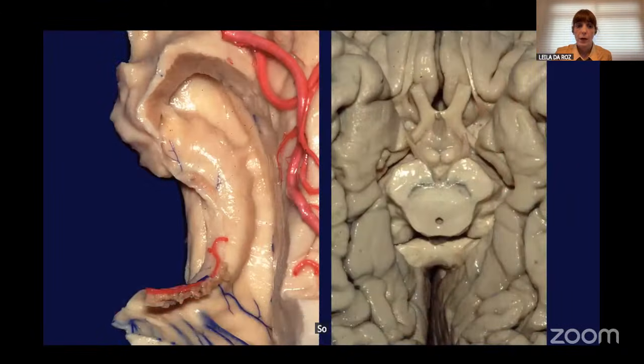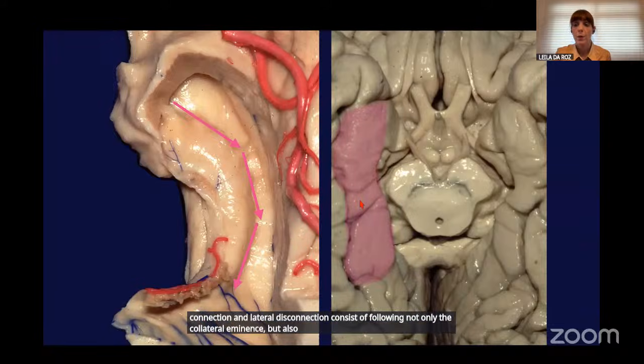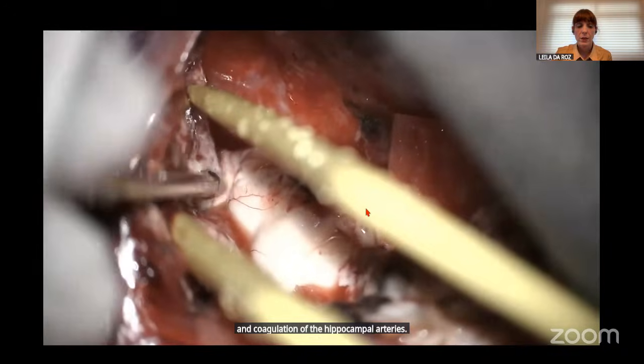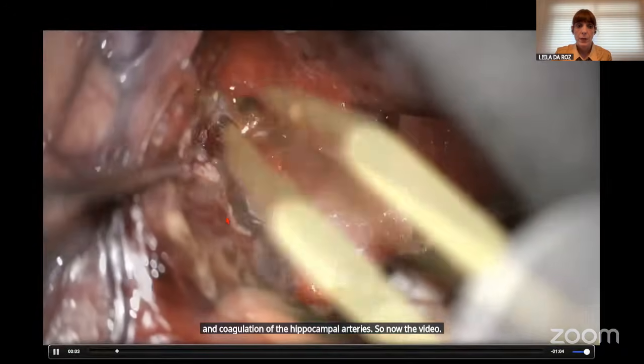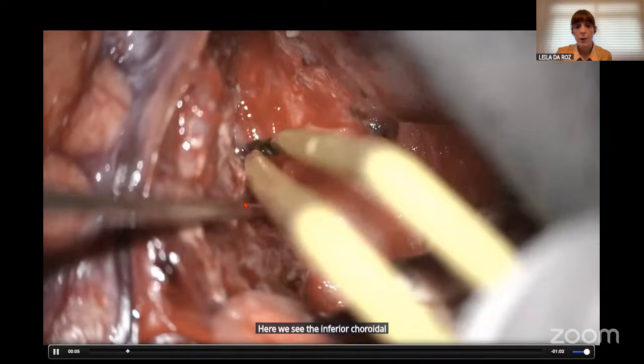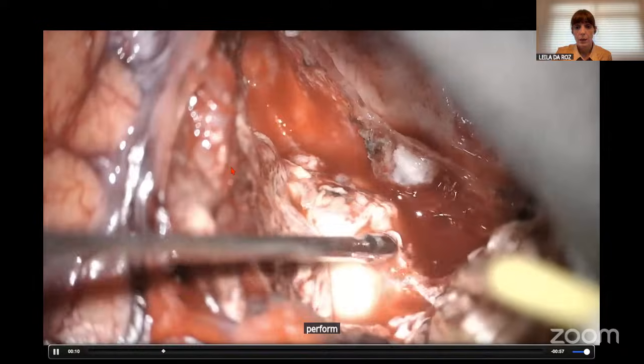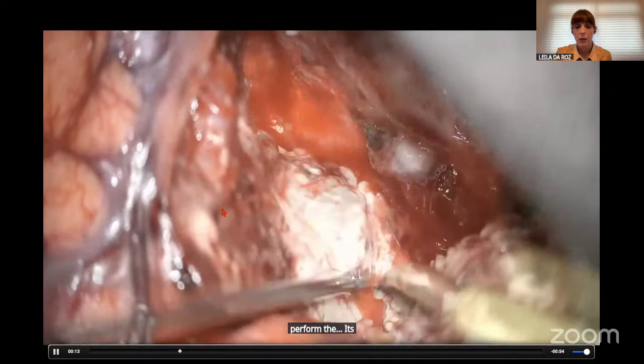So we follow the collateral eminence for the lateral disconnection. And lateral disconnection consists of following not only the collateral eminence, but also aspirating the parahippocampal gyrus and coagulation of the hippocampal arteries. So now the video. Here we see the inferior choroidal point. Now we are performing the disconnection in the collateral eminence.